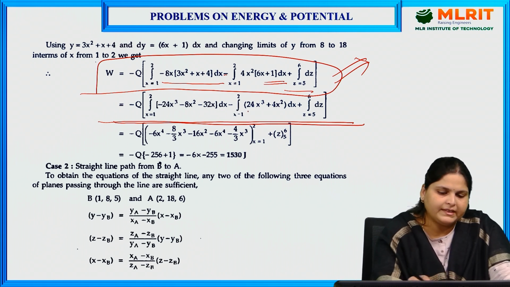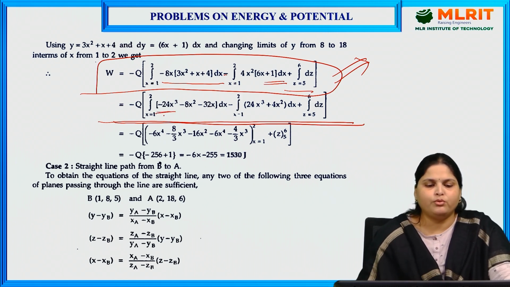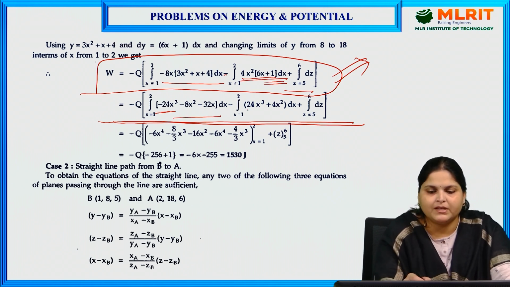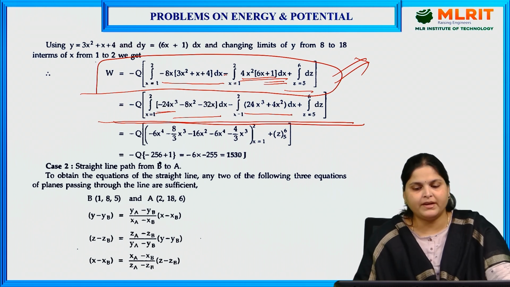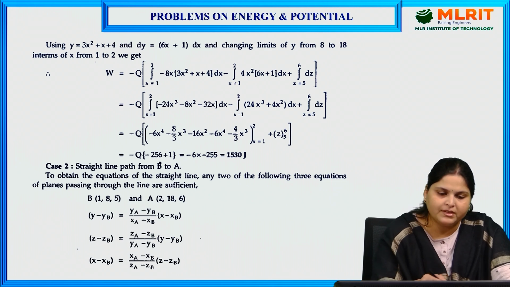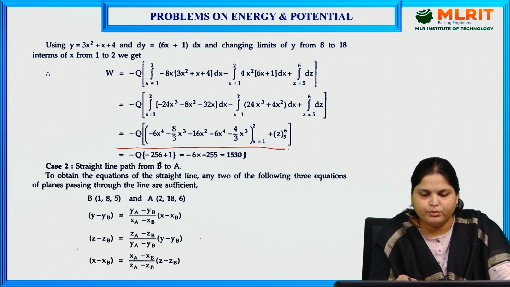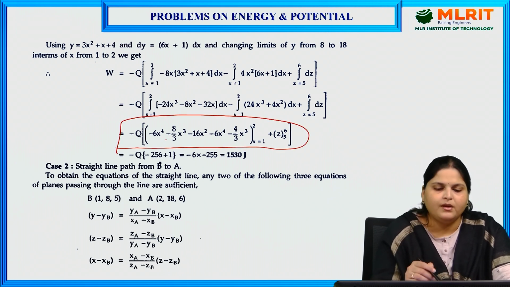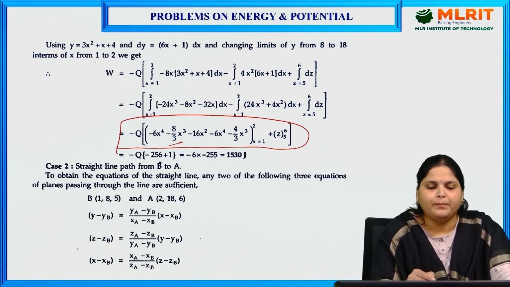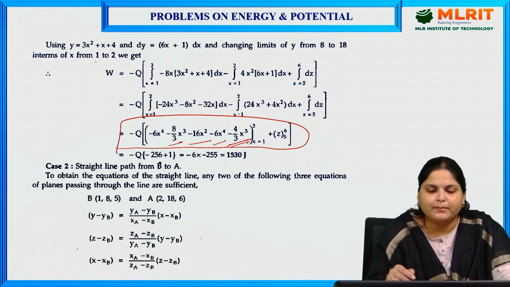Now if we further integrate it, this will become minus 24x cube minus 8x square plus 32x. Here when we multiply it inside, it will become 24x cube plus 4x square dx, and this third term is as it is. When we solve it further, we will integrate it. We are going to get minus q into minus 6x square minus 8 by 3 x cube minus 16x square minus 6x to the power 4 minus 4 by 3 x cube, and the limit is from 1 to 2.